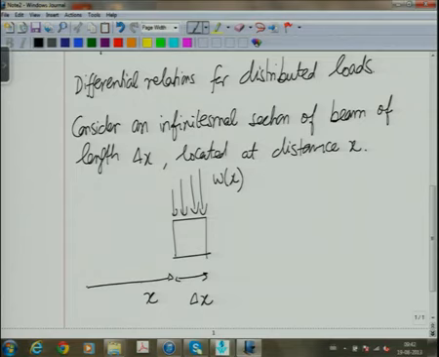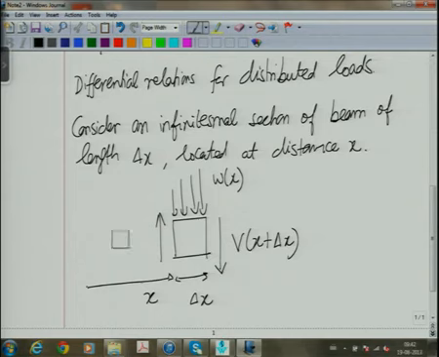Okay. So now how do we show the shear force on the right face? On the right face we will show it as downward. This is our sign convention, and this will be V at x plus delta x. Where will be the shear force on the left face? It will go upwards by our sign convention, and this will be V of x. Now similar to this we will have moments.